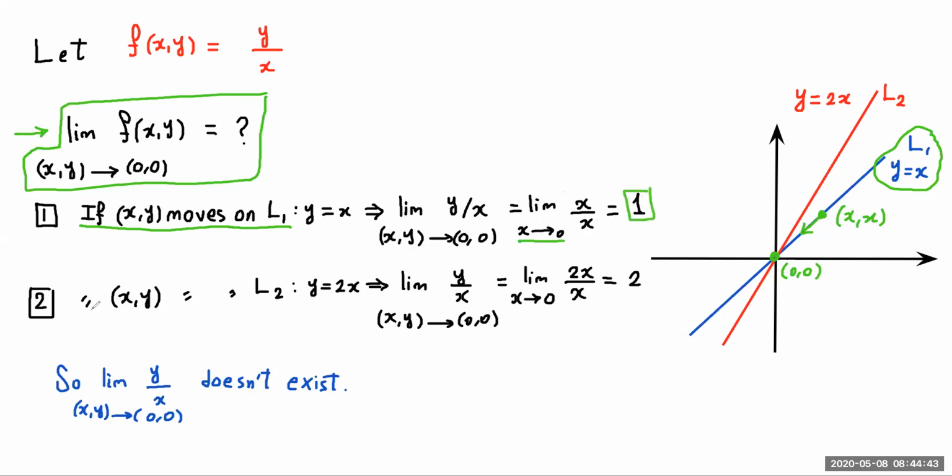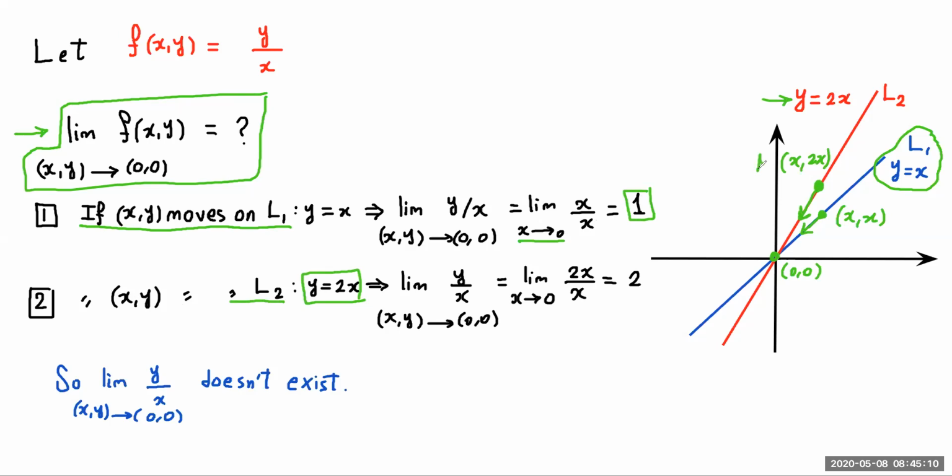But when the point (x,y) moves on the line L2 with the equation y equal 2x, this is the line L2 in red, sketched here. If I suppose that I have a point here, (x,2x), and this point approaches (0,0), what is the limit of the function in this case?